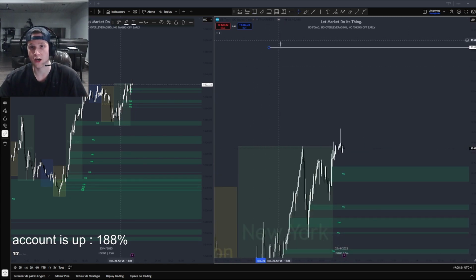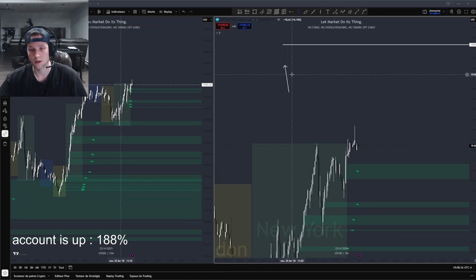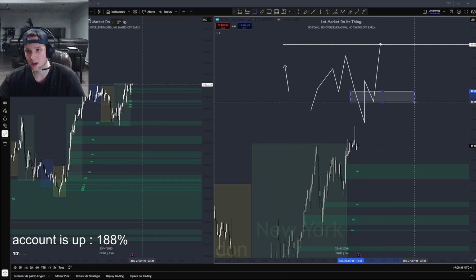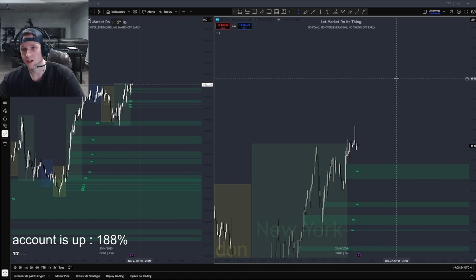So if your draw is higher like this, and you get a bearish fair value gap like this, this is not in favor of your draw, but this one is here, right? So this example is kind of bad, but you get what I mean. It creates a fair value gap here, you get your retrace to it, and then you can take a long to target your initial drawn liquidity. So it provides that further confirmation that market wants to go where you want it to go.